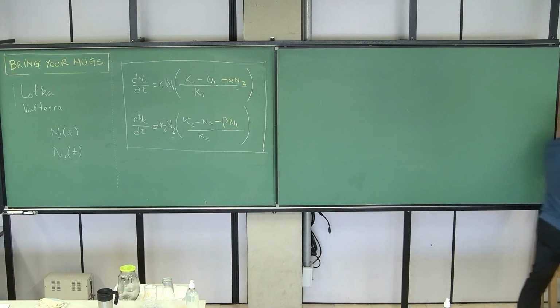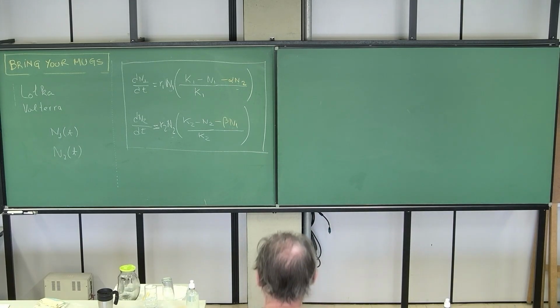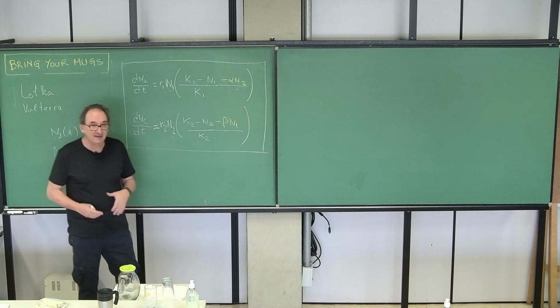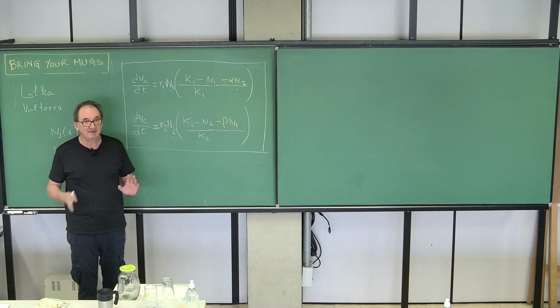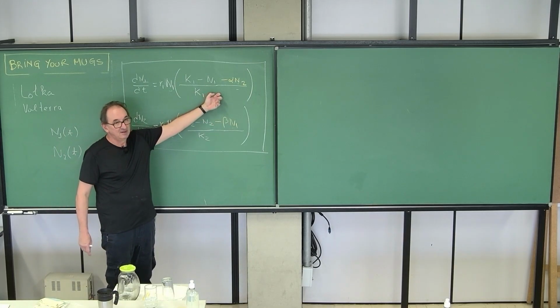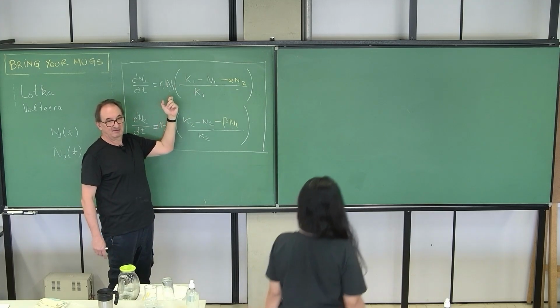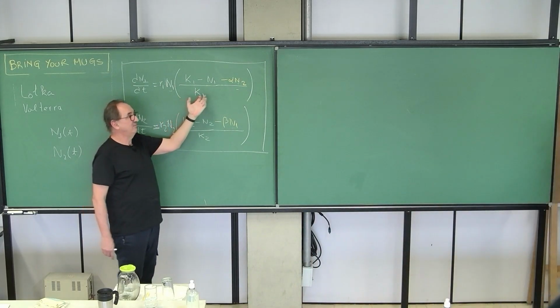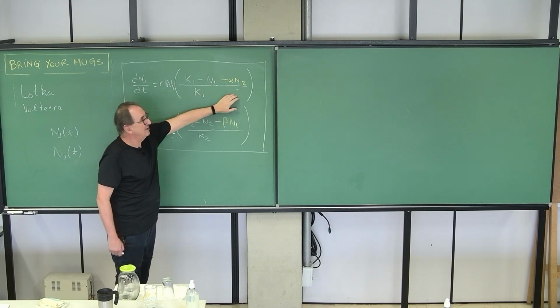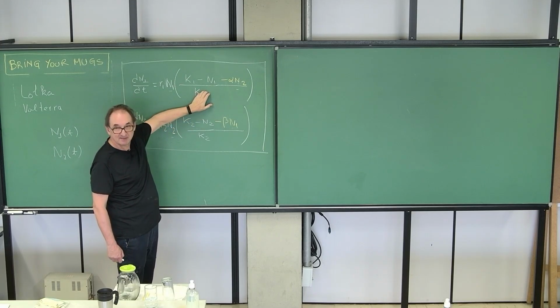R2 is the intrinsic growth rate, okay? So it's connected to birth and death rates in the absence of competition at all. And alpha is just the effect of species 2 on species 1. Okay? So, for instance, if alpha is equal to 1, species 2 has the same effect as species 1 on itself.